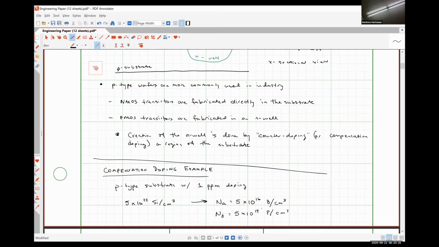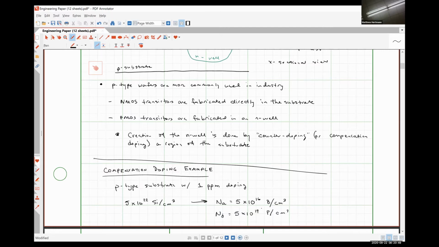Now I have compensation doped, because I've gone beyond the level of acceptor atoms to make that region have an excess of free electrons available for conduction. That's what compensation or counter-doping is.